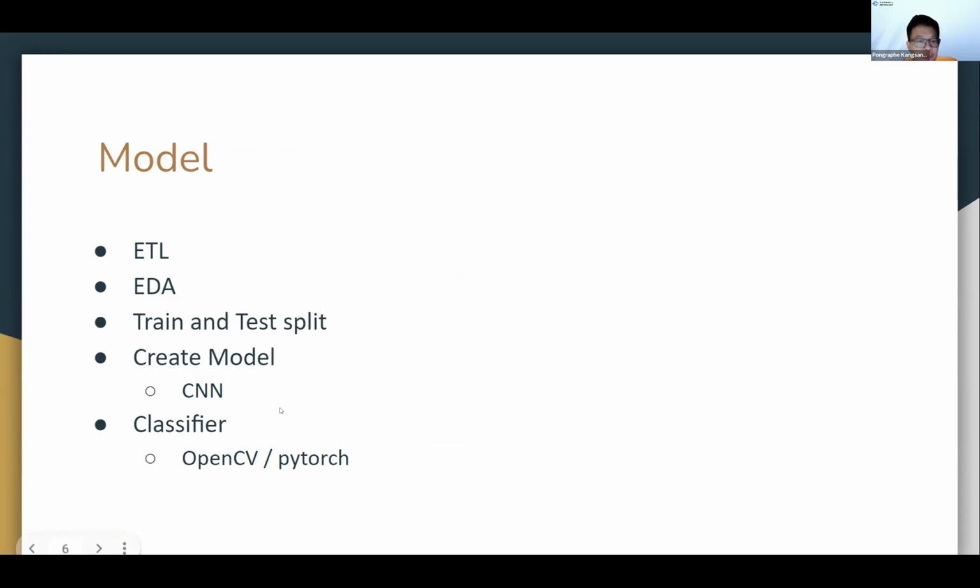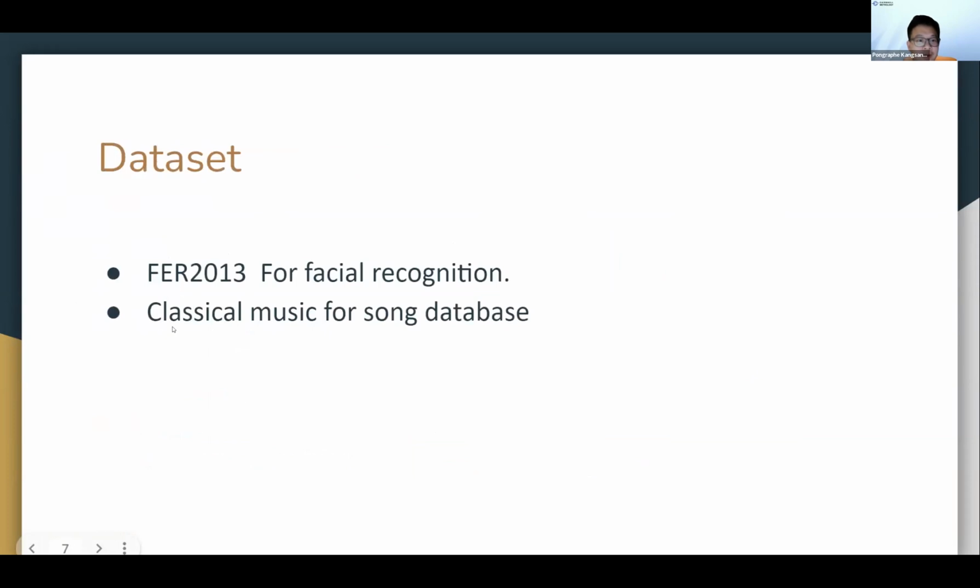The dataset we are using is FER 2013 for facial recognition, and I think we will use classical music for the song database, or maybe some popular songs. We haven't decided on the song database yet.